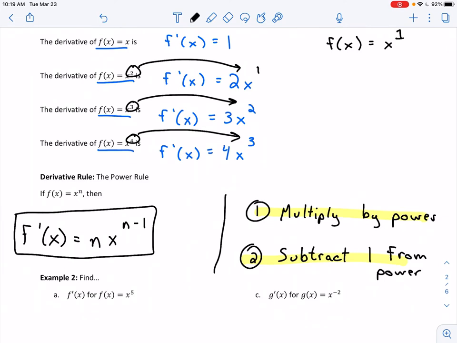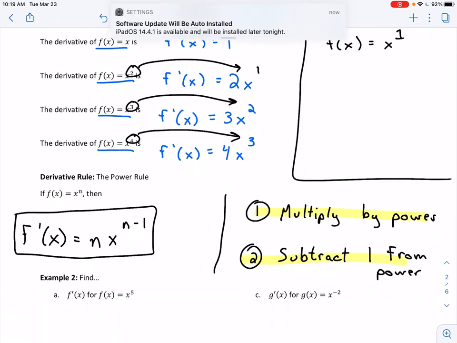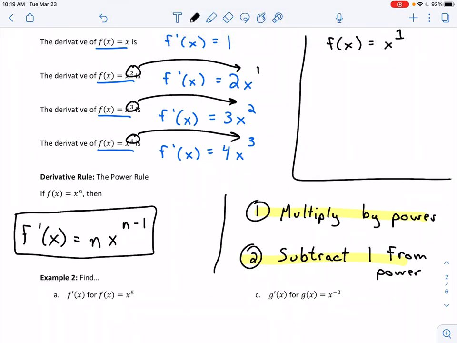And if I wanted to verify that the power rule works in this case, we'd say, okay, I'm going to start by multiplying by the power. So f prime of x is equal to 1 times x. And then I need to subtract 1 from the power. So I'm going to have 1 minus 1. So this really is 1x raised to the 0 power.